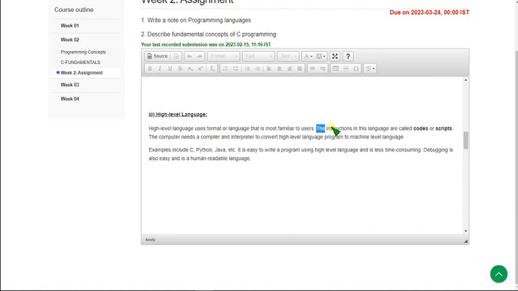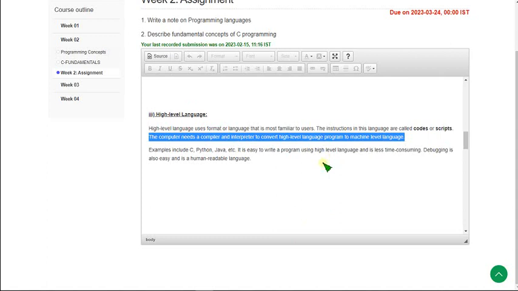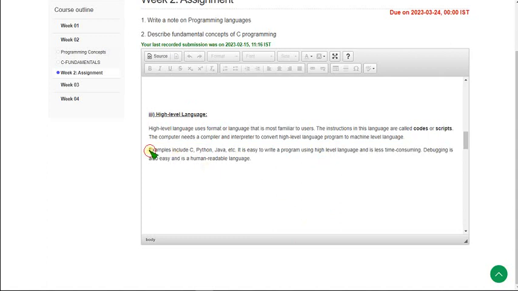The instructions in this language are called codes or scripts. The computer needs a compiler or interpreter to convert a high-level language program into machine-level language. Examples include C, Python, Java, etc.